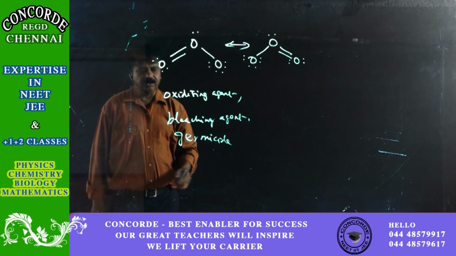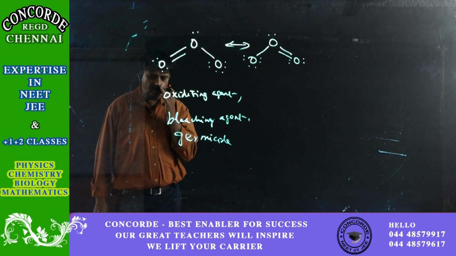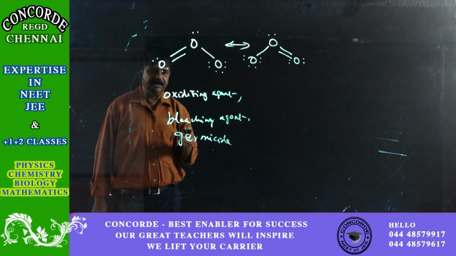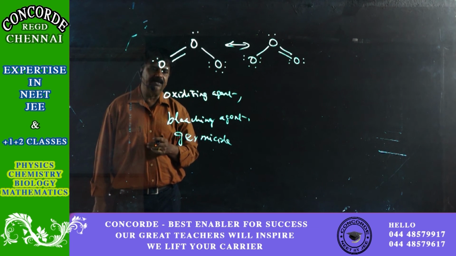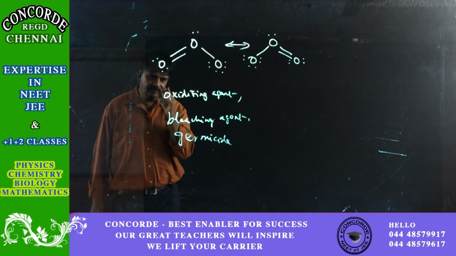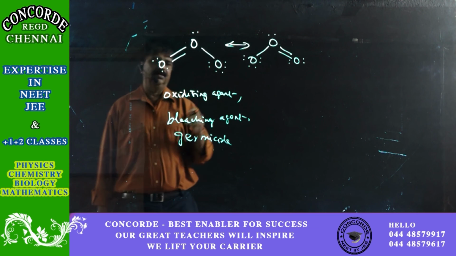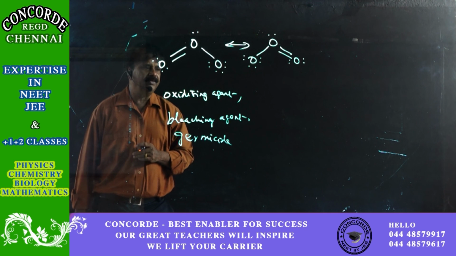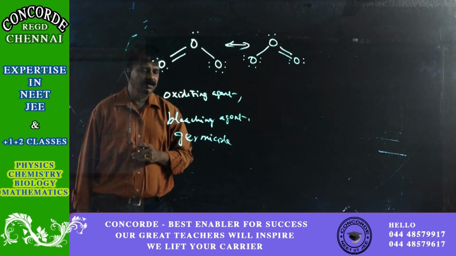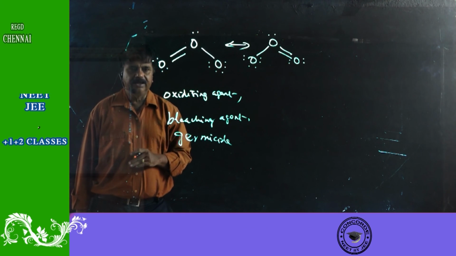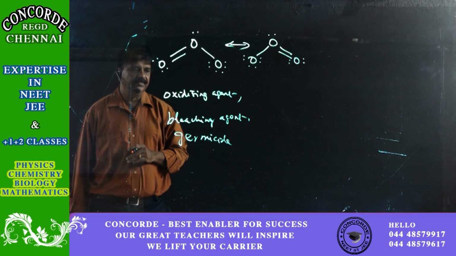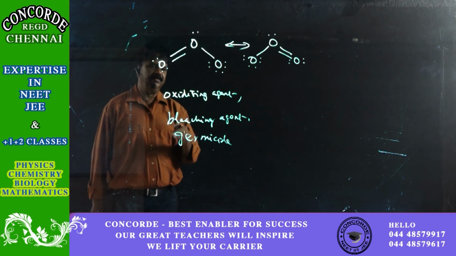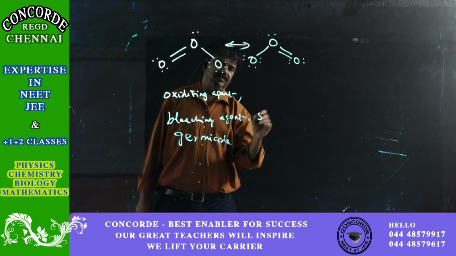To clean water, if you send ozone into water, all the germs and bacteria are killed. It acts as a germicide, fungicide and bactericide. And as a bleaching agent, because of this nascent oxygen, it bleaches various substances, and it is also used as a sterilizing agent.